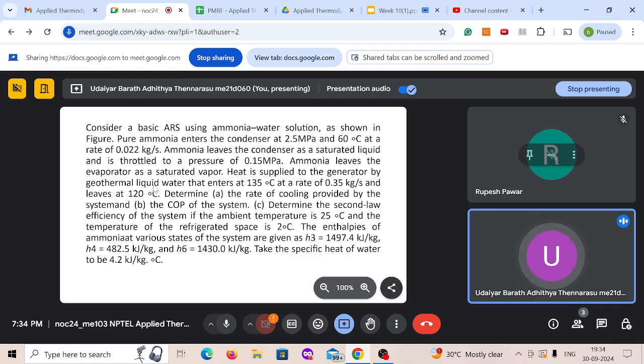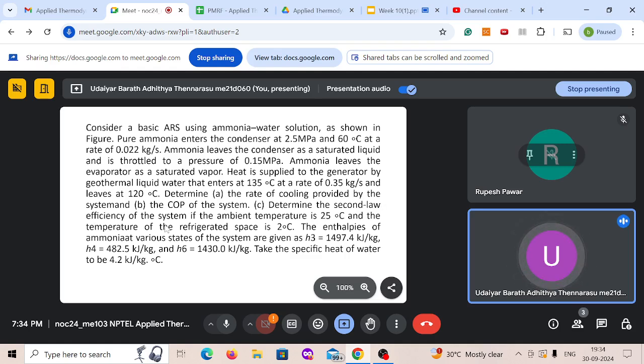Ammonia leaves the evaporator as saturated vapor. Heat is supplied to the generator by geothermal liquid water that enters at 135 degrees Celsius at a rate of 0.35 kg per second and leaves at 120 degrees Celsius. Determine the rate of cooling provided by the system and the COP of the system.